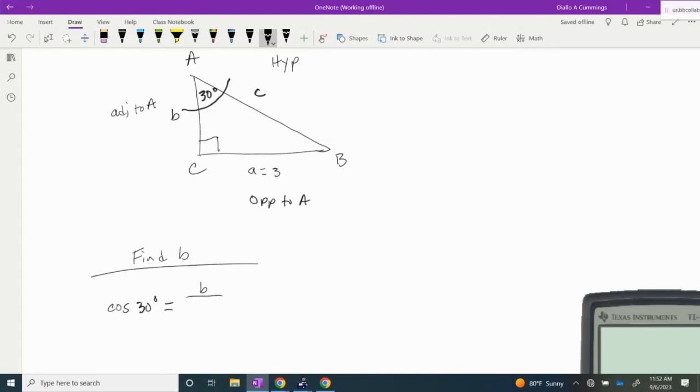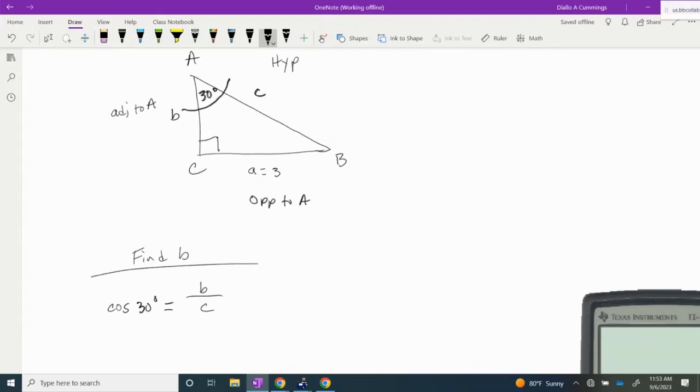Well, can I use a cosine? I'm going to just write this down. I don't think I can use a cosine because I have too many unknowns. I don't know B and I don't know C. I have to use B, but I know side A, which is the opposite.